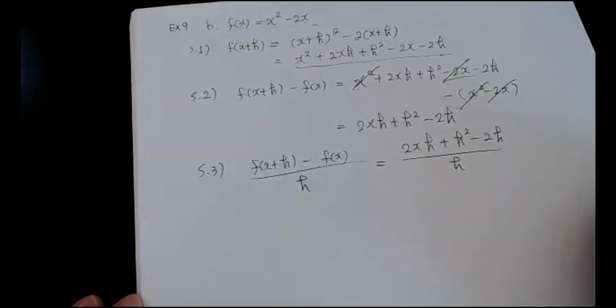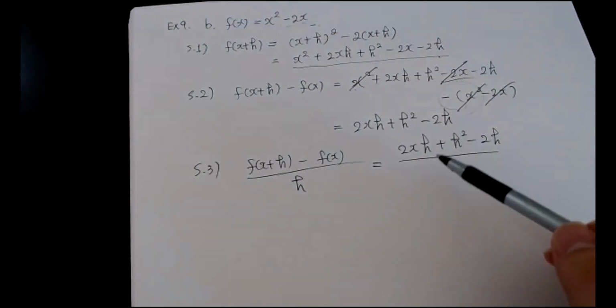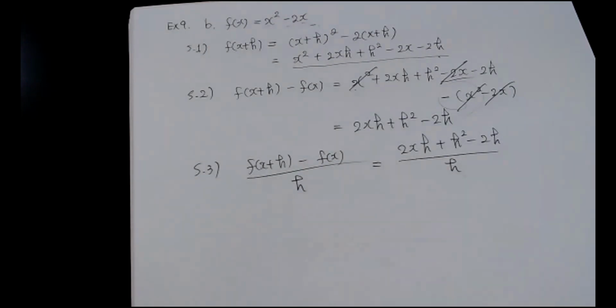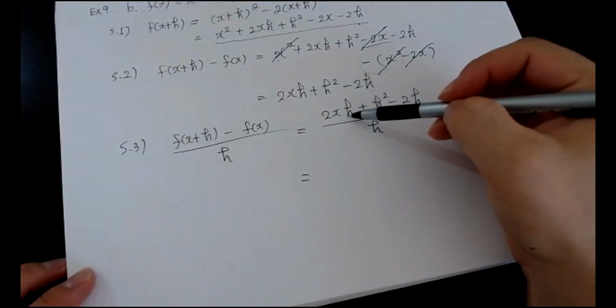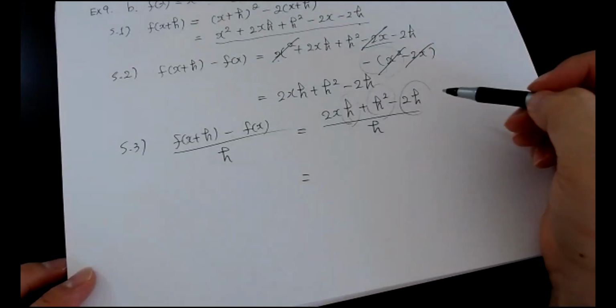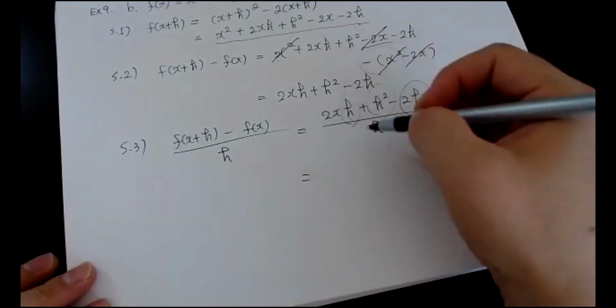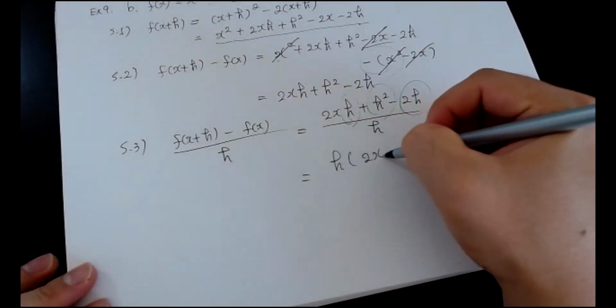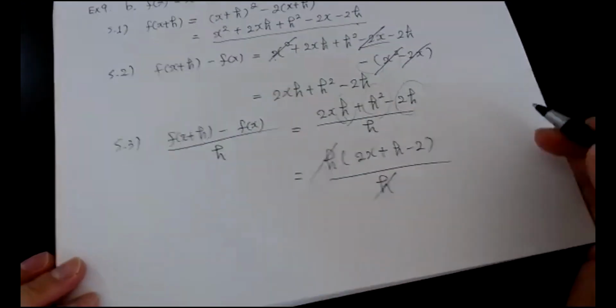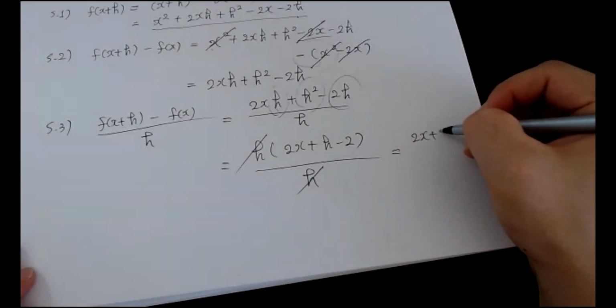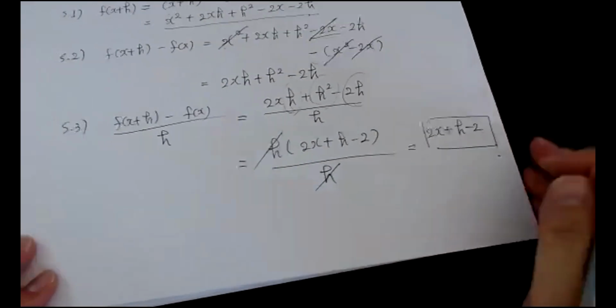All the terms on top have the common factor h, so let me factor out h on top. We get h times 2x plus h minus 2, divided by h. Cancel them out, and we get 2x plus h minus 2. That's the difference quotient.